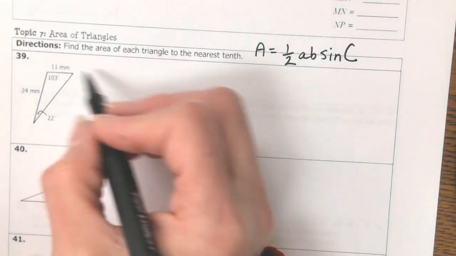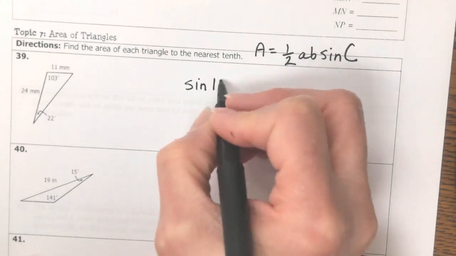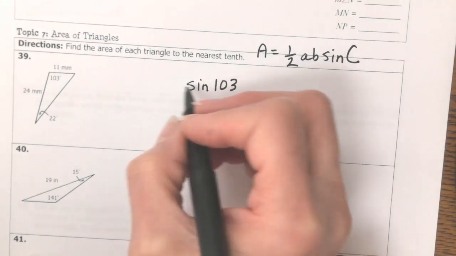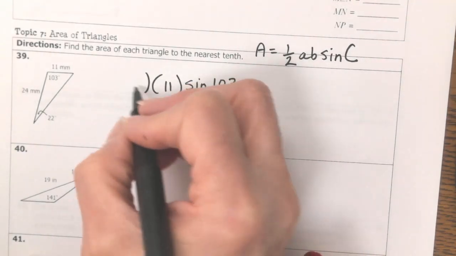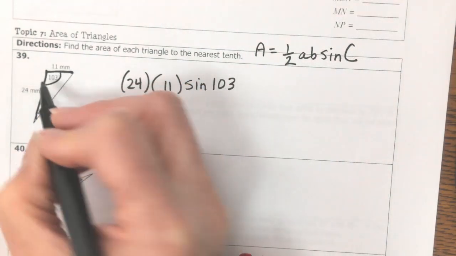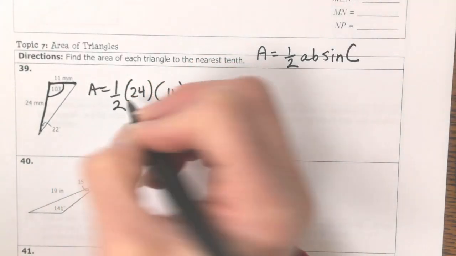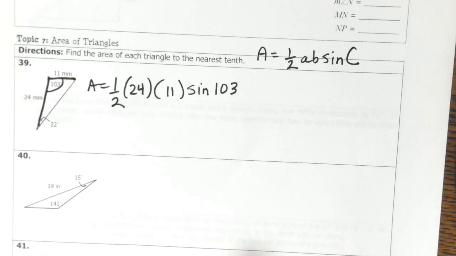So if you're looking at this problem, I would use the sine of 103. I would multiply it by the 11 and the 24, because the 11 and the 24 make the angle 103. But don't forget to half it. That is very important. It's a part of the equation.